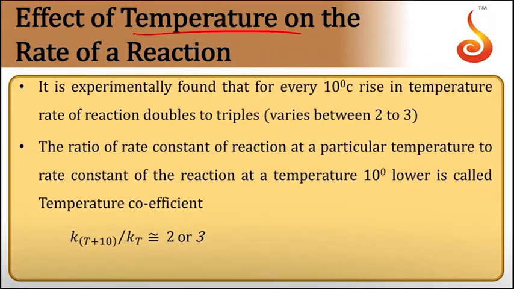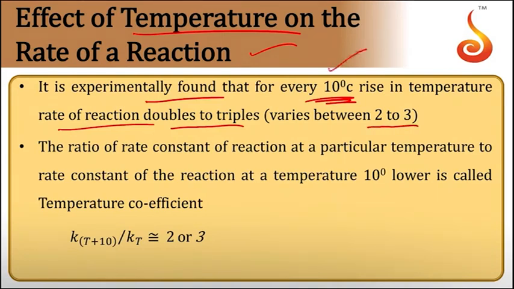Then, the effect of temperature on the rate of reaction. It is experimentally found that for every 10 degrees rise in temperature, the rate of reaction doubles to triples, which means it varies from 2 times to 3 times.